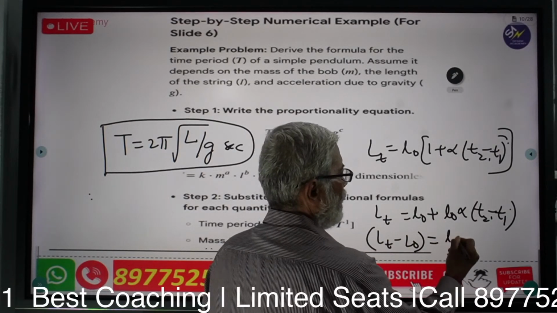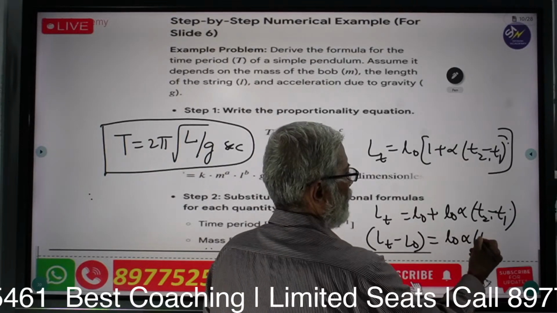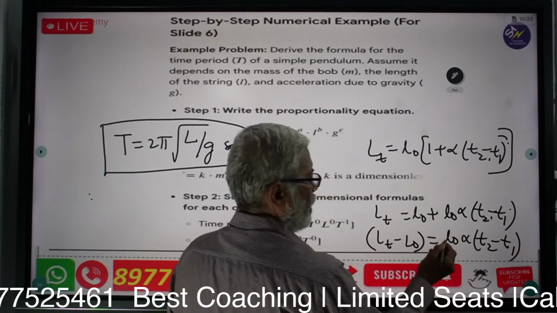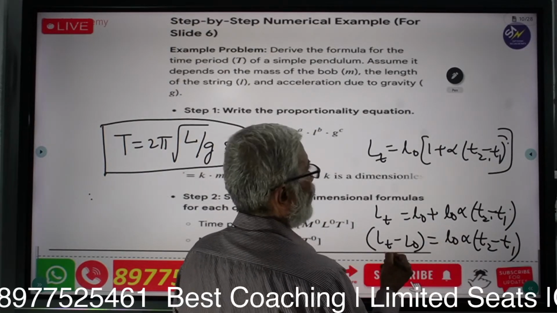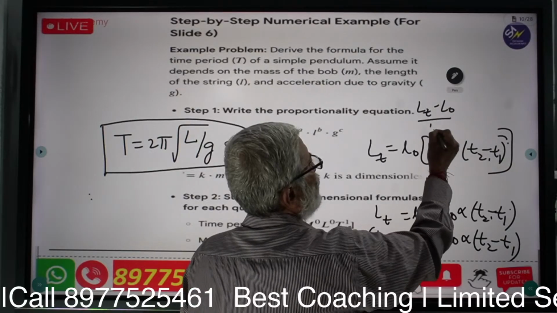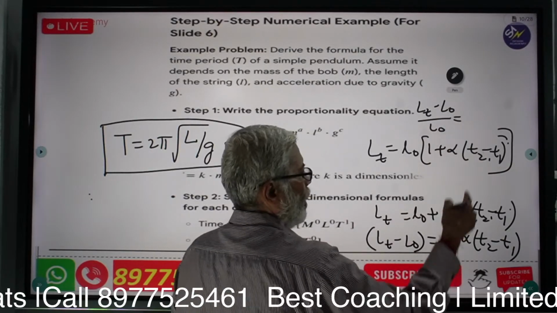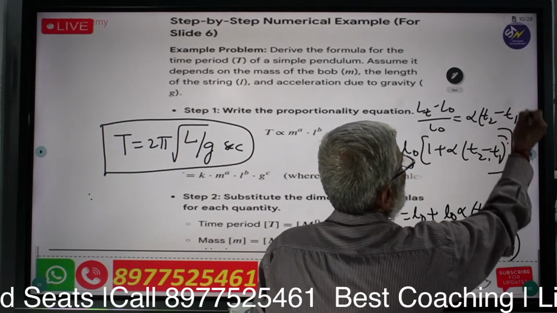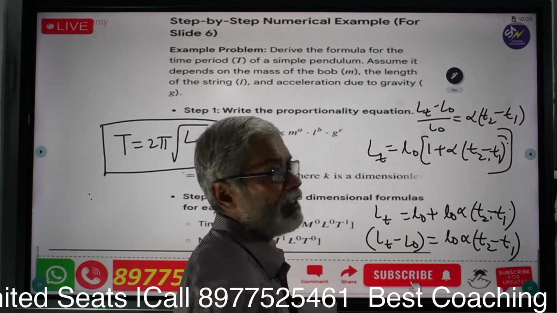This is equal to L0 alpha (T2 minus T1). And this L0, if you bring it down, you will be getting (L_T minus L0) by L0 is equal to alpha into (T2 minus T1). This is the fractional increase in length.